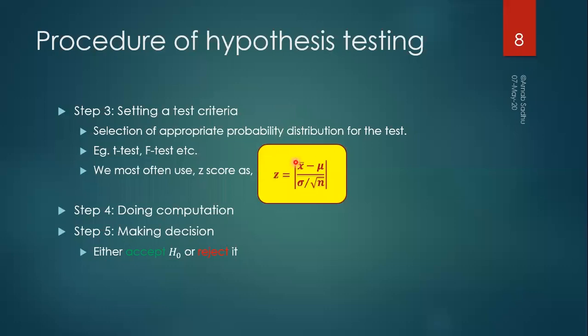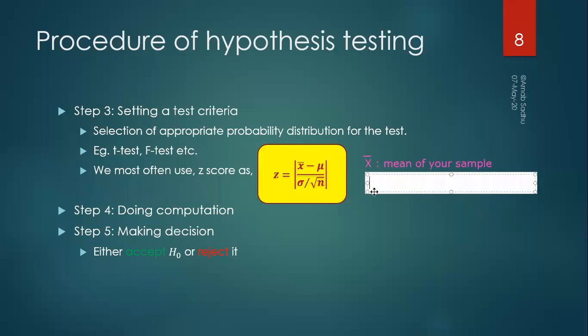Z is equal to x bar minus mu. X bar is the mean of the sample. Mu is the mean of your population. The population is the total set of data points or elements, and the sample is the subset of the population that you have selected through some sampling method.